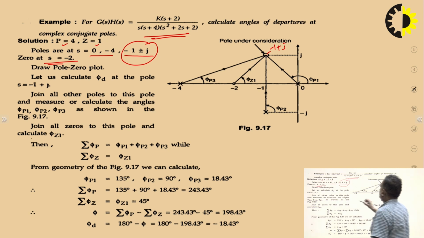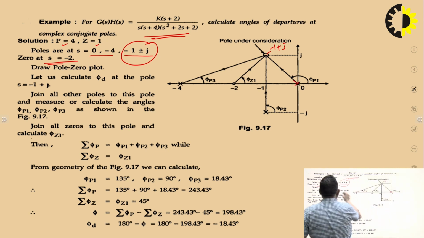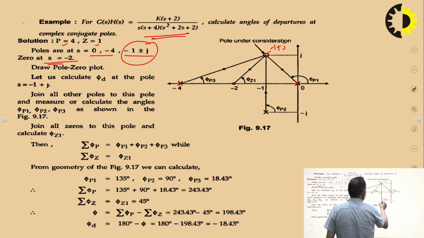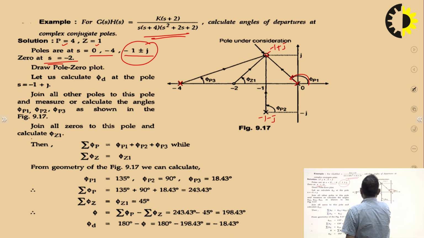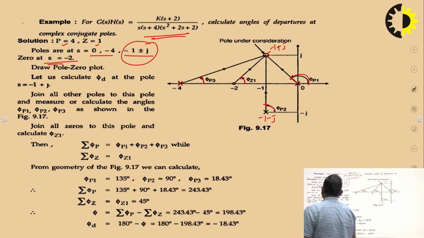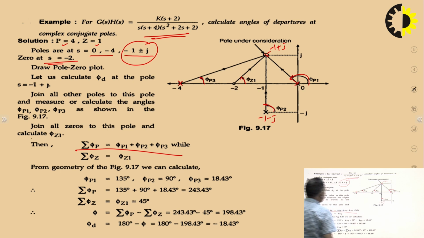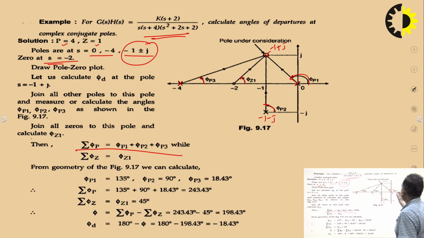One pole is located at 0, another is at -4, one is here at -1 plus j, and this is -1 minus j. Let us suppose this angle is phi p1, this angle is phi p3, this is phi p2, and this is phi z. First of all, we will calculate the sum of phi p, which is phi p1 plus phi p2 plus phi p3. You can check this angle is nothing but 180. Phi p1 is 180 minus tan inverse.